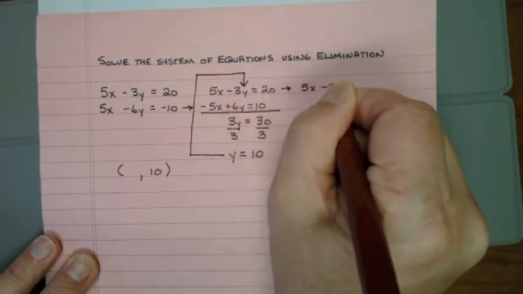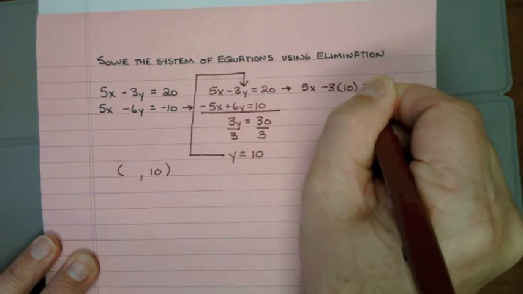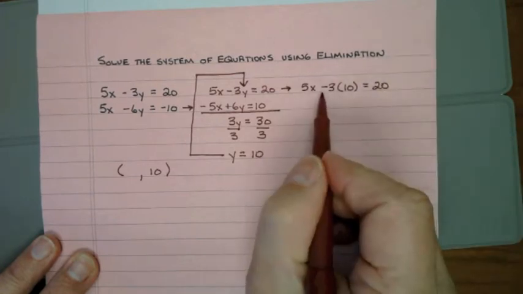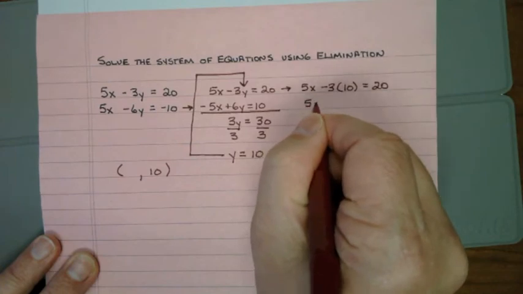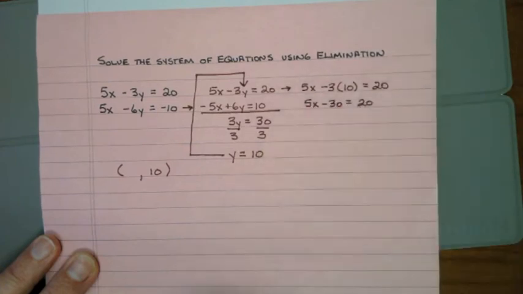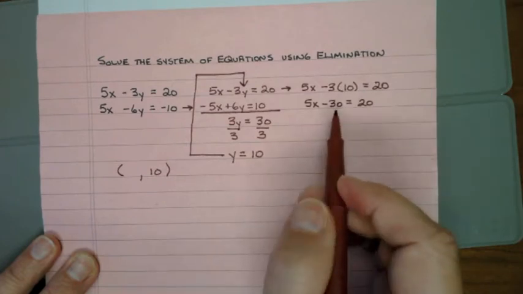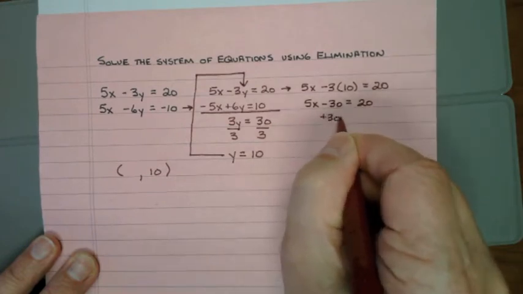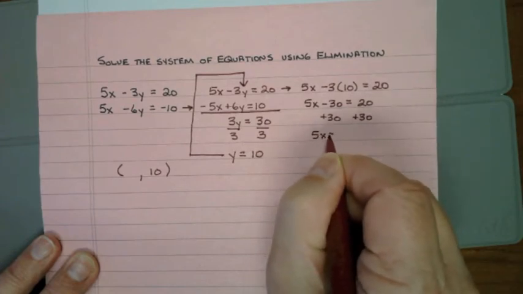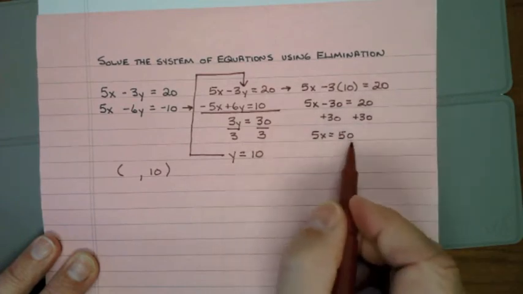5x minus 3 times 10 is equal to 20. Negative 3 times 10, negative 30 is equal to 20. Opposite of negative 30, positive 30. What do I need to do to both sides here?